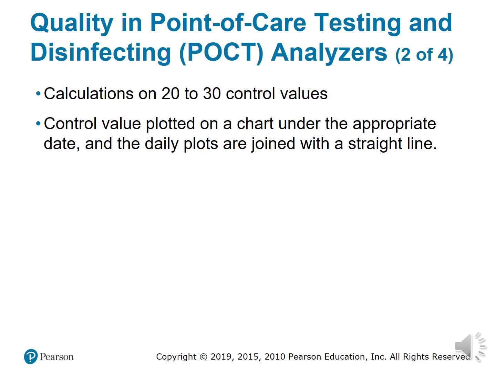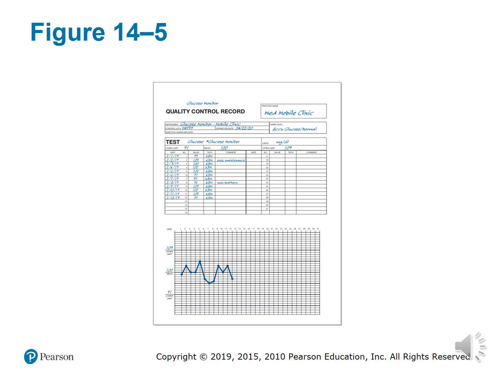You have to document all those things whenever you're testing. And usually by each one of these machines, there is a log where you have to record all this information and keep a chart of what's going on with the machine.